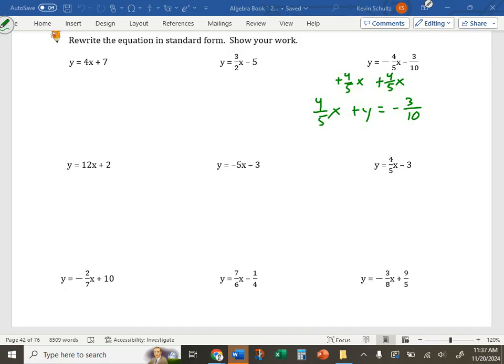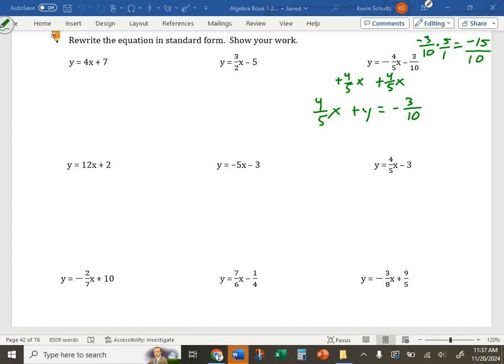Okay? Now, if we only had one fraction, right, I'd multiply by 5 here and we'd be good. Correct? Because it would cancel out, we'd just be left with 4. But if I multiply this one by 5, they're not going to cancel out. Negative 3/10 times 5 over 1 equals negative 15/10. That's not an integer value.